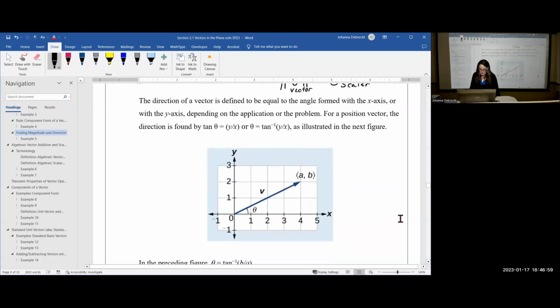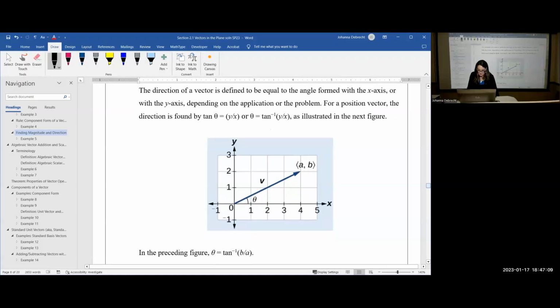All right. Now that we've talked about that, let's talk about the direction. When we're talking about the direction of a vector, we typically, although not always, depending on the problem you're solving, are talking about the angle between the vector and the positive x-axis. That's normal.